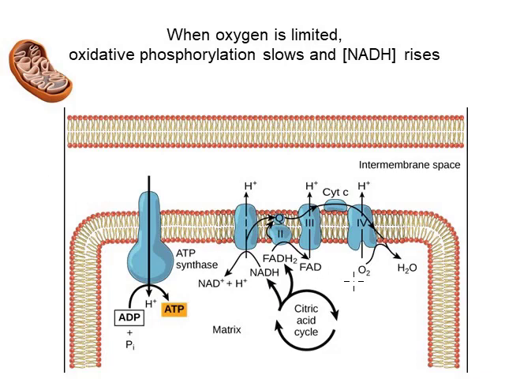Remember that oxygen acts as the final electron acceptor in oxidative phosphorylation. It receives electrons from complex 4 of the electron transport chain, picks up protons, and forms water.